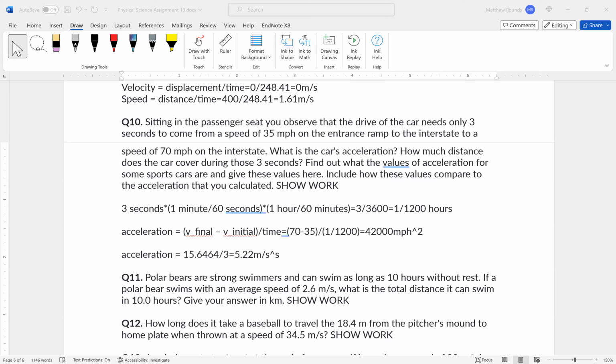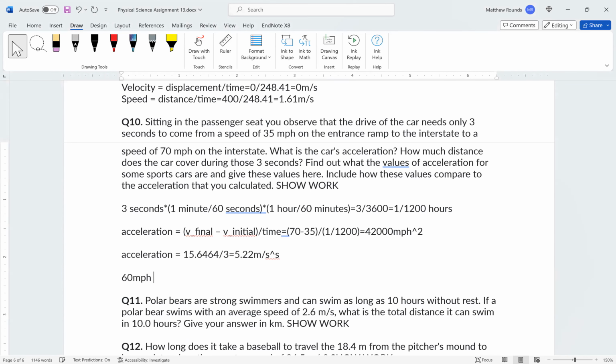Okay, so kind of a workaround for that is, I'll just put this in the chat here. 60 miles per hour in 3 seconds equates to 26.82 meters per second divided by 3, which gives you 8.94 meters per second squared.